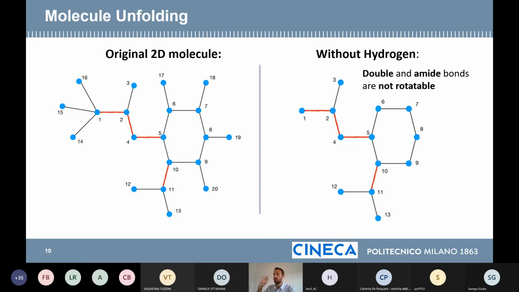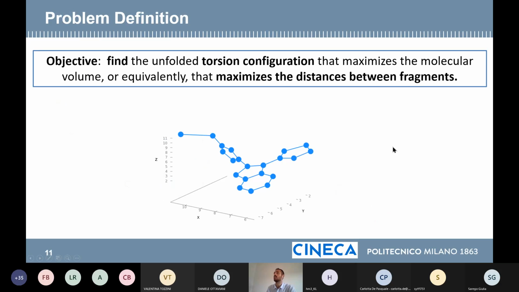At the end, it's each atom. So you visualize the molecule as a graph, but at the end, you are interested in the positioning in space of the atoms.